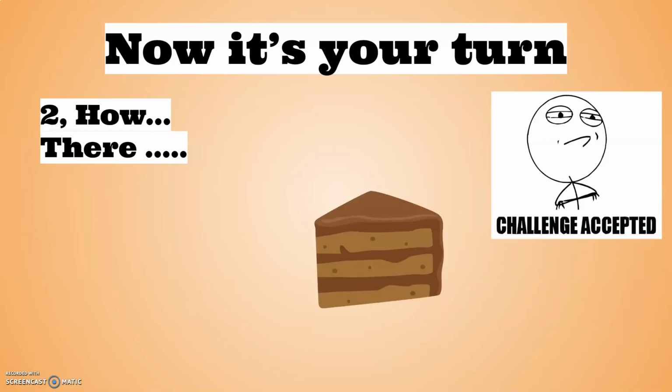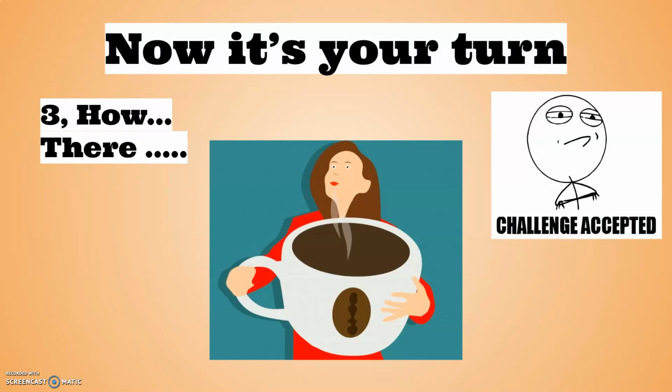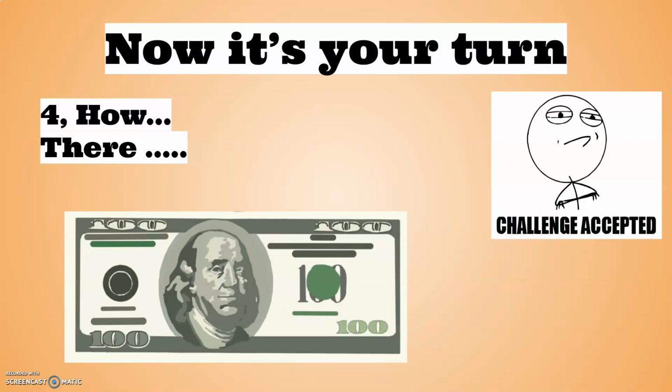Number 2, how? Number 3, coffee. Number 4, how? Remember, we use the answer there is or there are. There is if it's uncountable, or there are if it's countable.